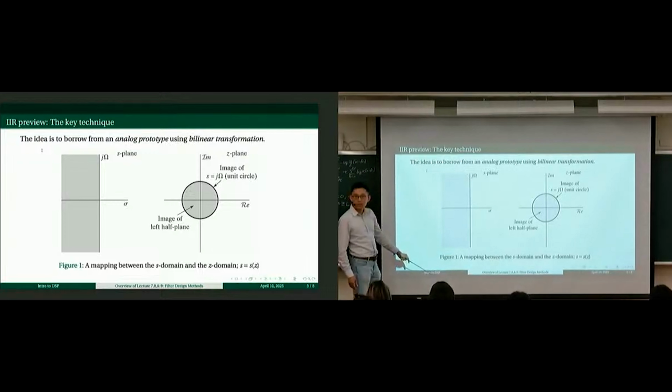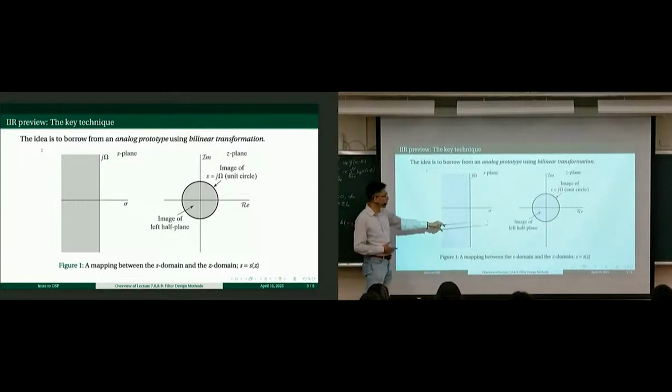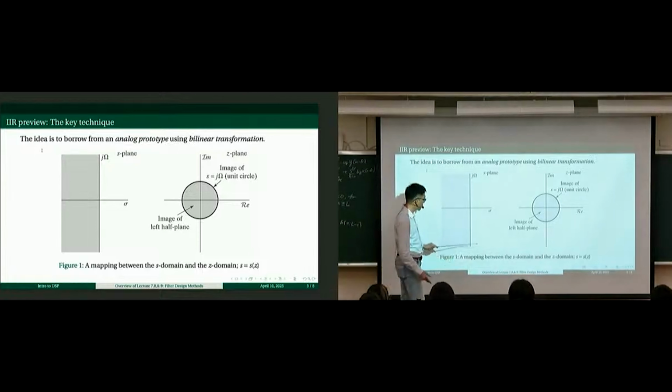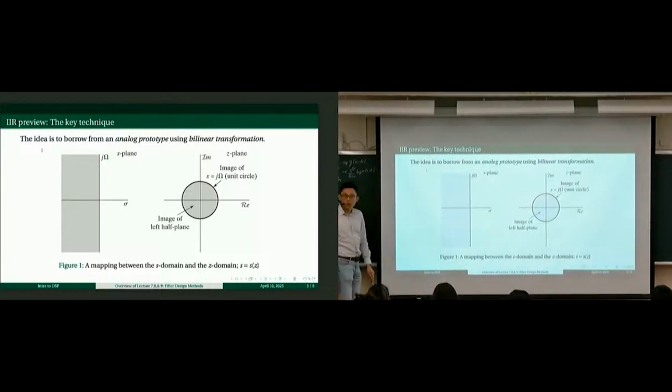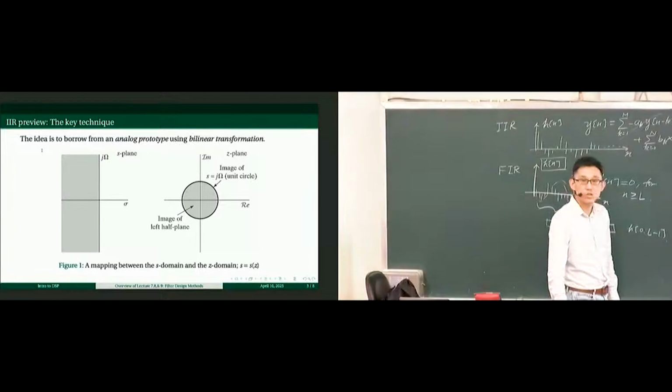If you go bottom up along this axis in the S domain, then after the bilinear transformation, you will be going around the unit circle, starting from way at the bottom, in the counterclockwise direction. 反时钟的.